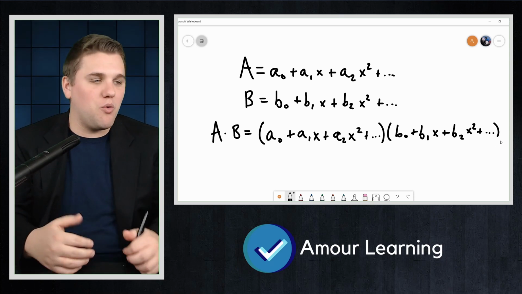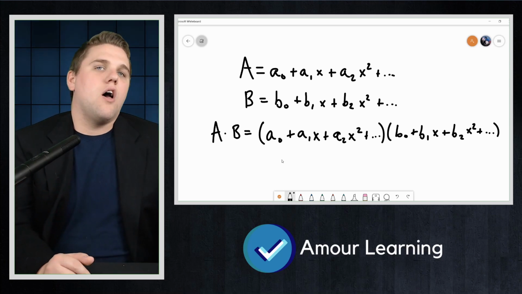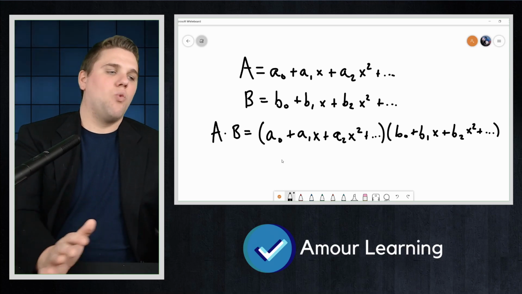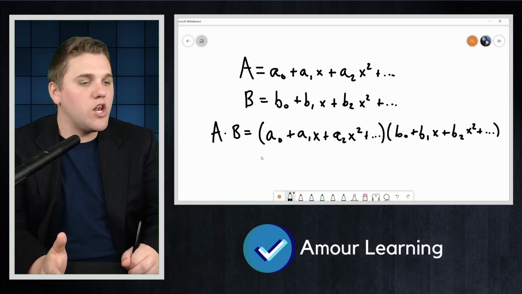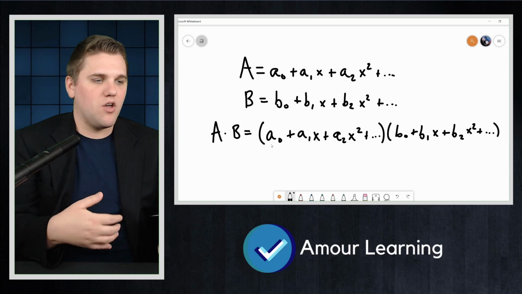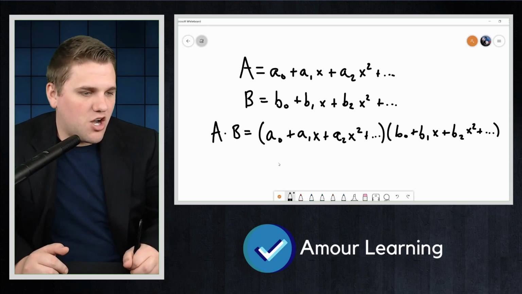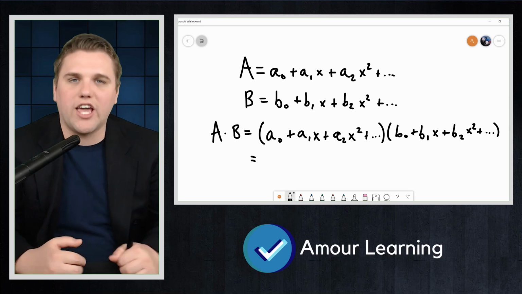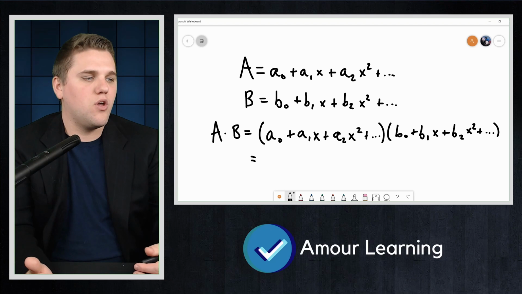When we FOIL, when we do a bunch of multiplication across here, let's take a look at what happens. What would the constant term be? We know this is going to be a generating function, because when you multiply two generating functions, you get a generating function. And so we know this is going to have some sort of constant term. Now, what would the constant term be?